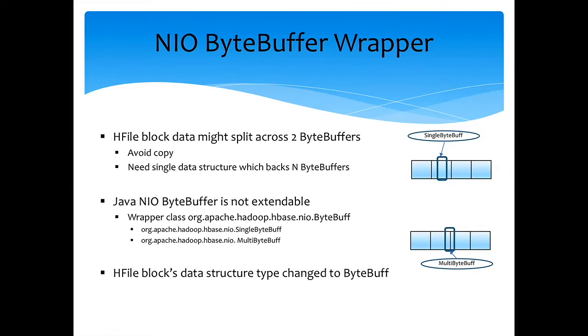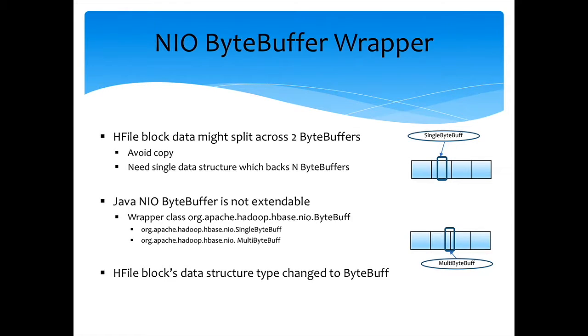So the data structure that we need to replace this byte array, which was initially representing the HFile block, has to be changed to byte buffers. Those byte buffers can be a direct byte buffer or an on-heap byte buffer. So we introduced a wrapper over the NIO ByteBuffer, because NIO ByteBuffers cannot be extended.